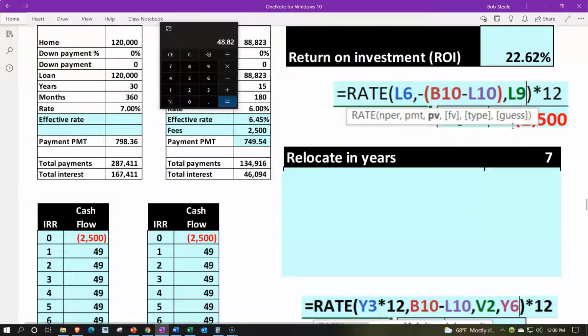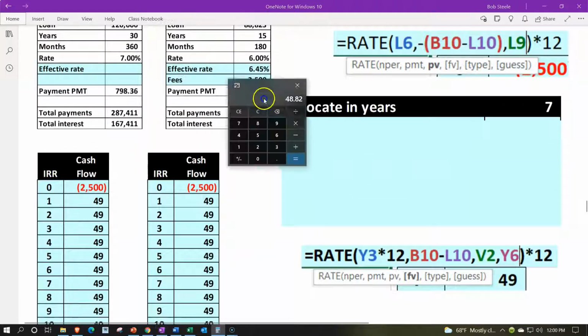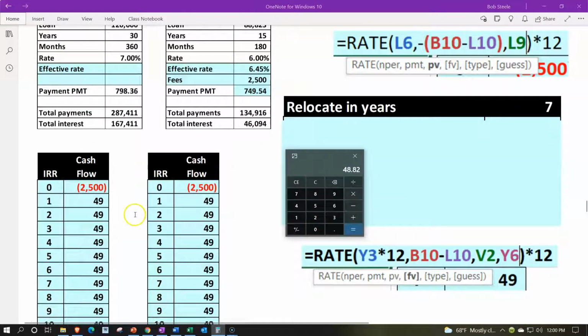So the 22.62, we can also think of that using an IRR type of calculation, which sometimes is a little bit easier to think about, meaning we represent our cash flows. So you can think about it as an outflow upfront of the 2,500 that we're paying upfront, and then an inflow or savings of the difference between the two payments, which was that 48.82, about 49. This is rounded.